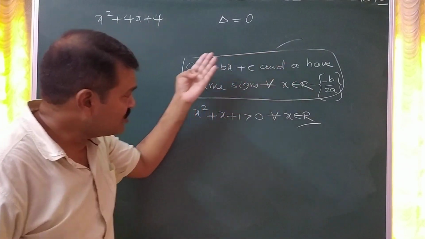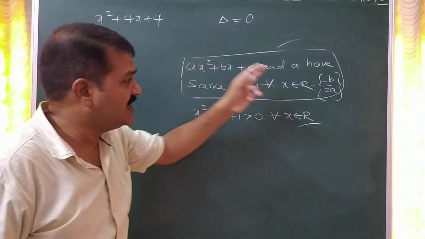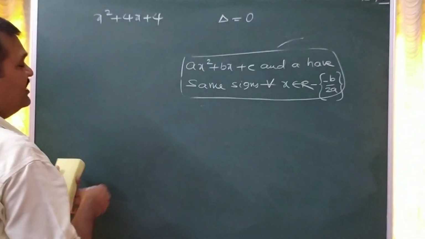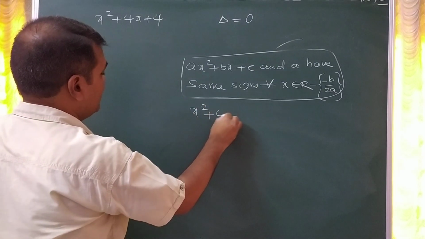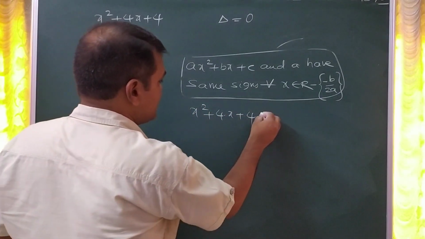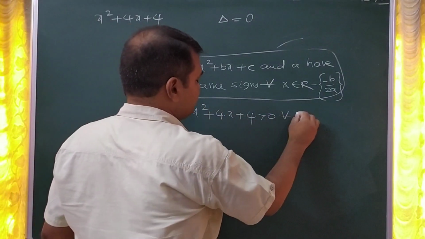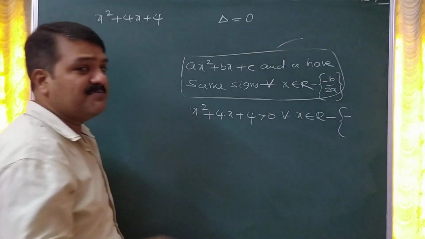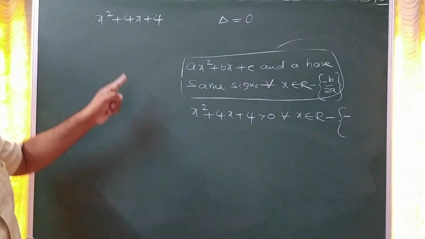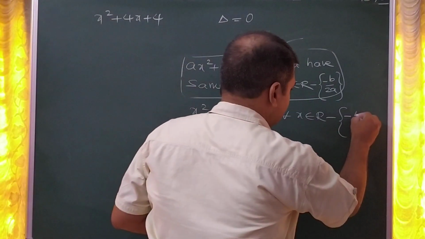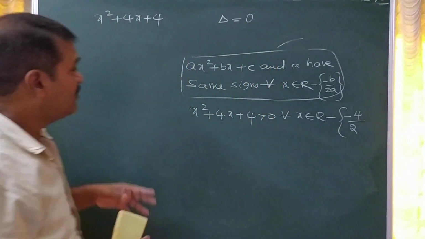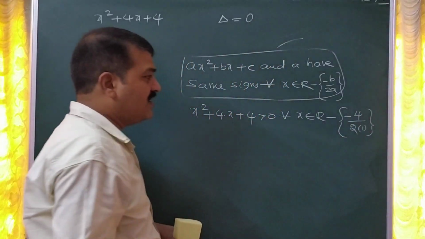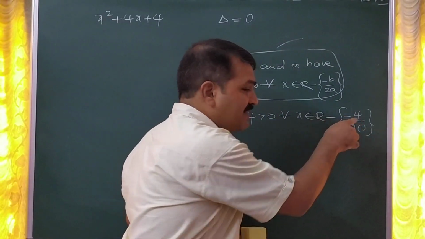So the expression also should be positive for all real values except minus b by 2a. I will write it like this: since the coefficient of x square is positive, x square plus 4x plus 4 must be positive for all x belongs to R except minus b by 2a, that is minus 4 by 2 into 1, so for all real values except minus 2.